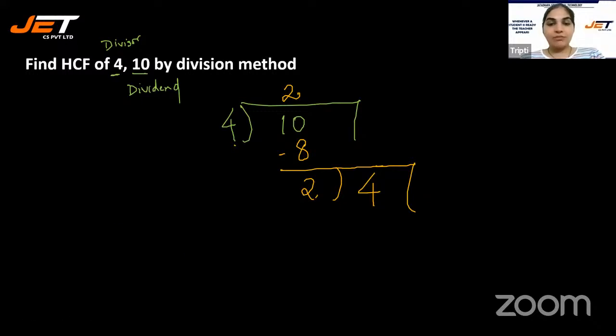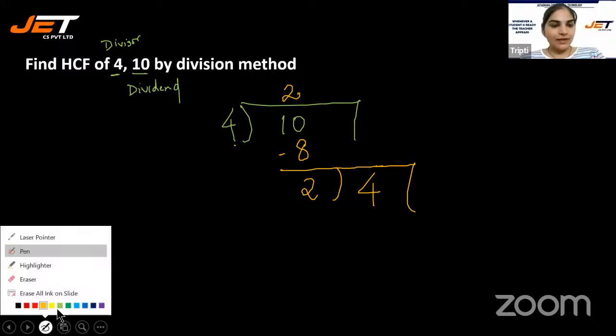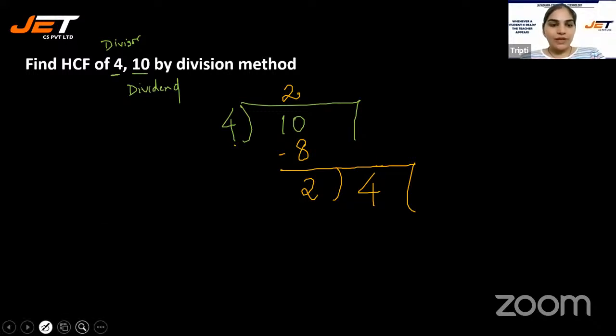I repeat, the remainder will be treated as the divisor, and the earlier divisor will now be treated as the dividend. Now 2 times 2 is 4. Subtract. You got the remainder as 0.